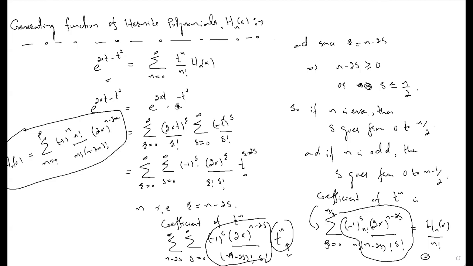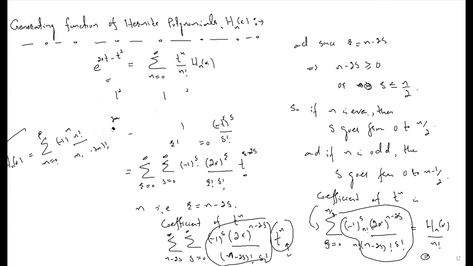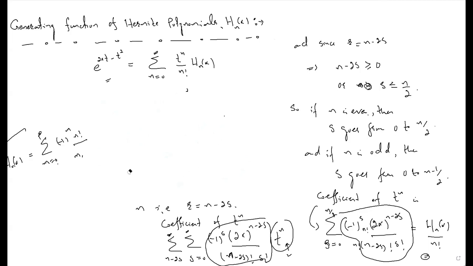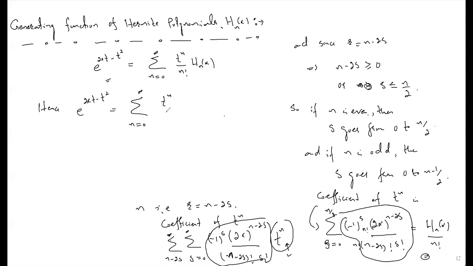Okay, so in other simple words, I can write it now like this. Hence this e raised to power 2xt minus t square, which I have considered here, is equal to summation n running from 0 to infinity of t raised to power n by n factorial h n of x.